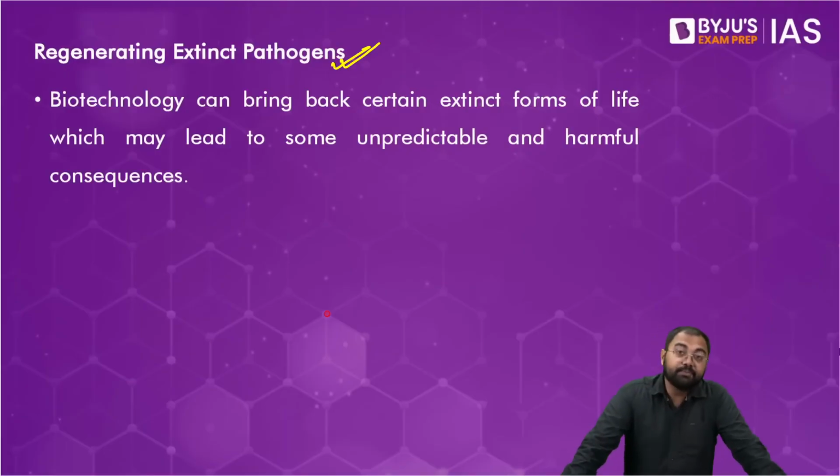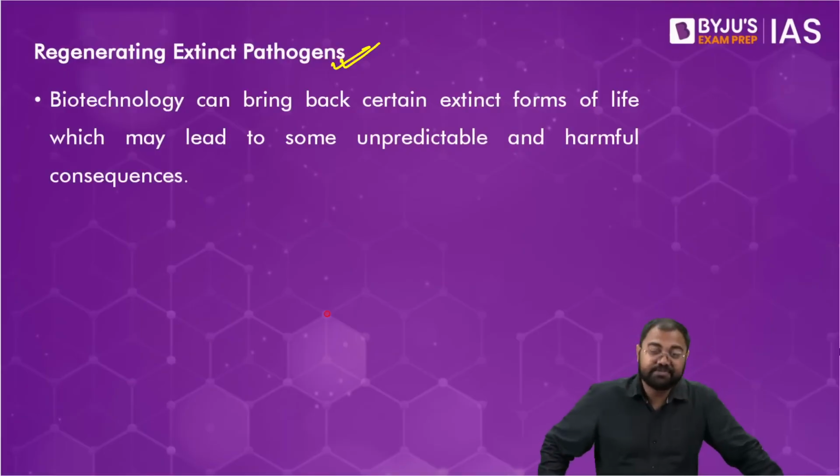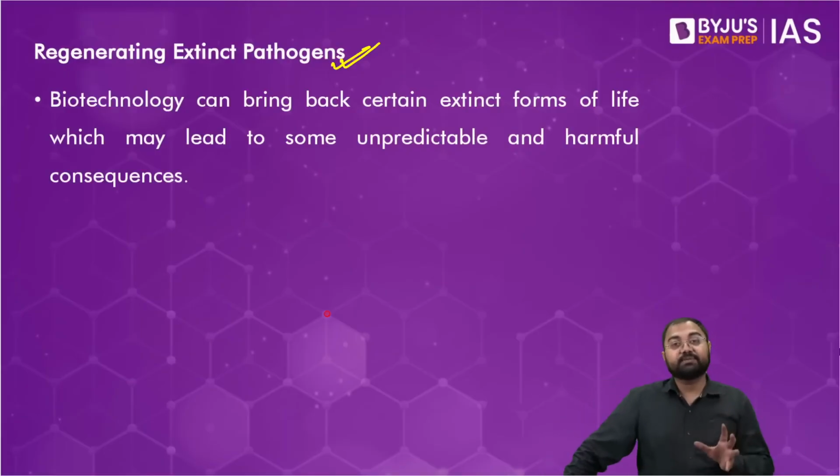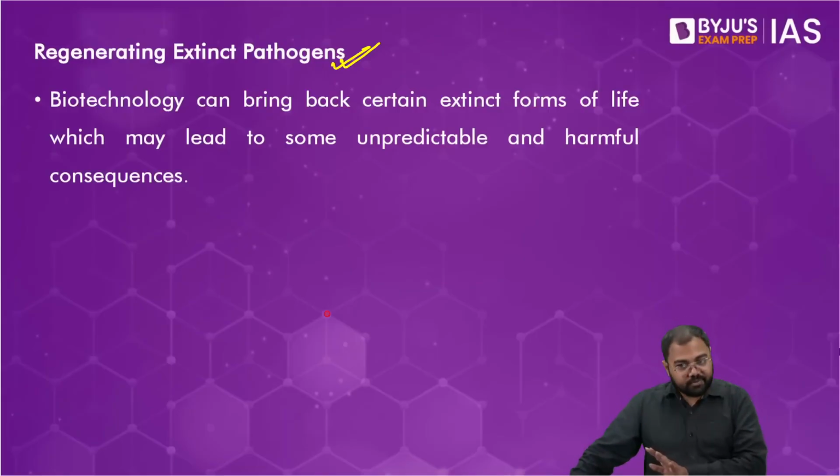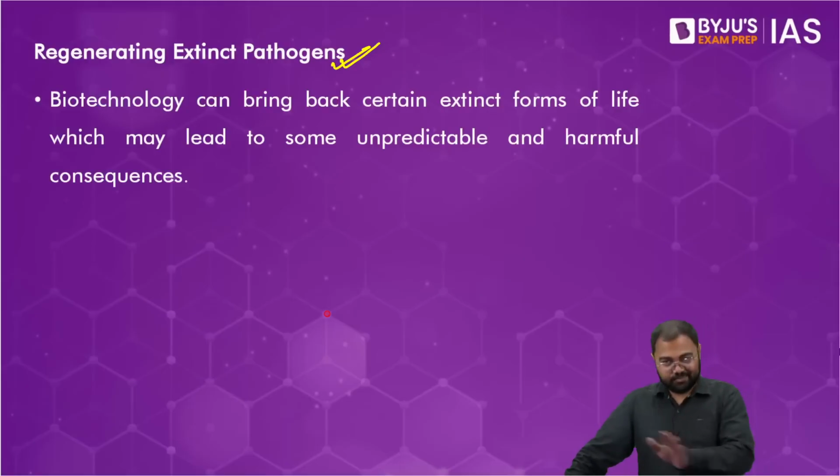Now, if you imagine how it can be used in a negative sense, let's say if you consider something like smallpox, something that has been eradicated now because there was wide vaccination all across the world so that we could eliminate smallpox. But we still know about the pox vaccine. There is chicken pox. There were cases of monkeypox a couple of years back.